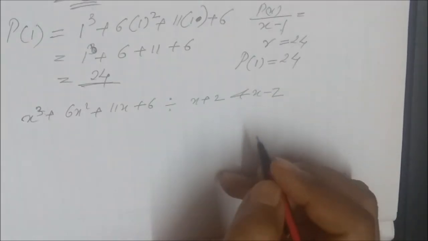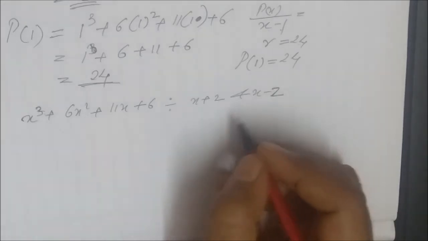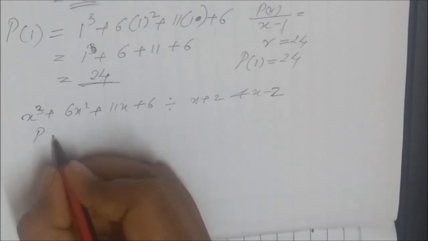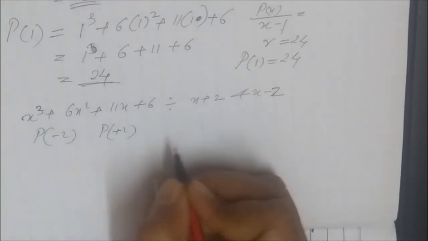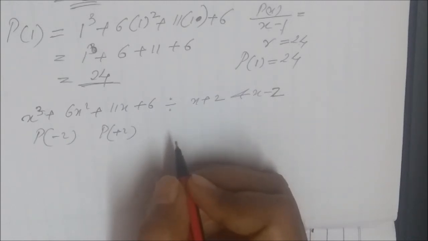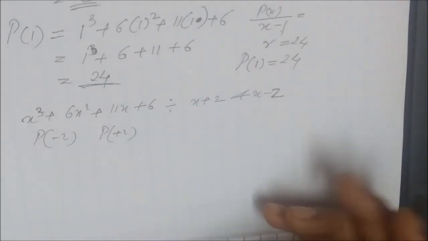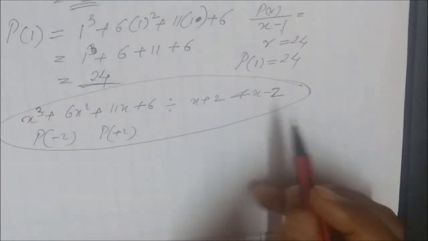That is the next question. You have to solve these, and also find p of minus 2 and p of plus 2. That's your work. Pause the video. You can take 10 minutes to find the answers.